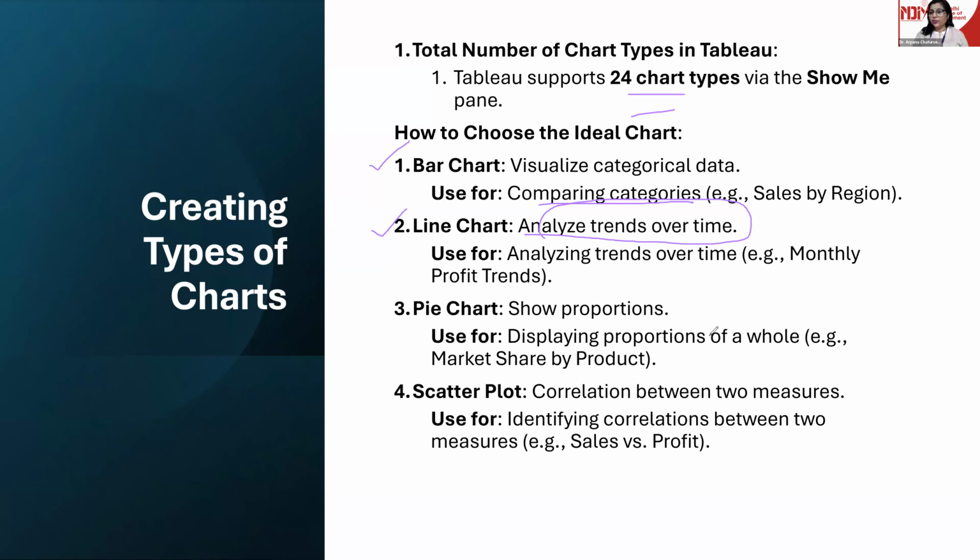Whenever you have to look at the distribution, what is the contribution of all the categories in percentage, then you can go for a pie chart. Whenever you have to compare two measures like sales and profit, then you will go for a scatter chart to identify the impact of one measure on the other.